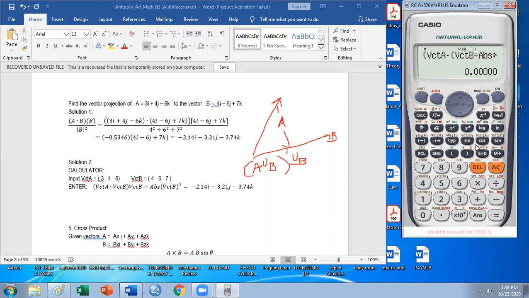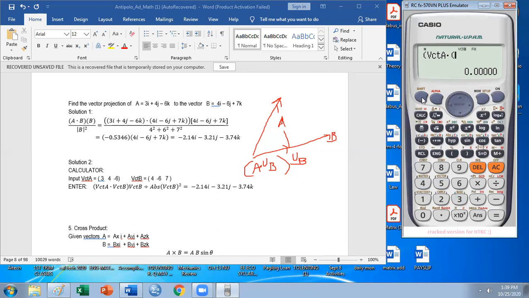Wait, I think I did not input vector A. What is the content of my vector A? 3, 4, negative 6, and then shift 5, 4. That's 4, negative 6, 7. Again, this is shift 5, 3, then shift 5, 7.